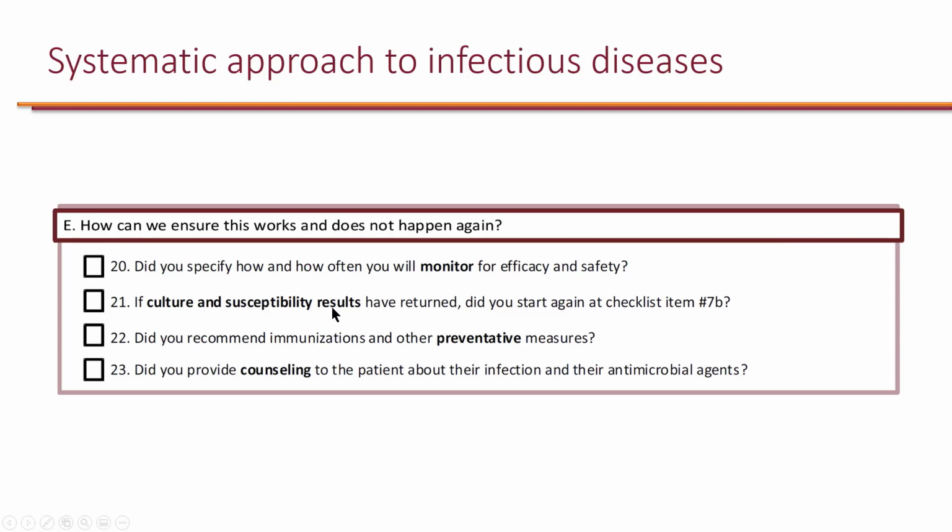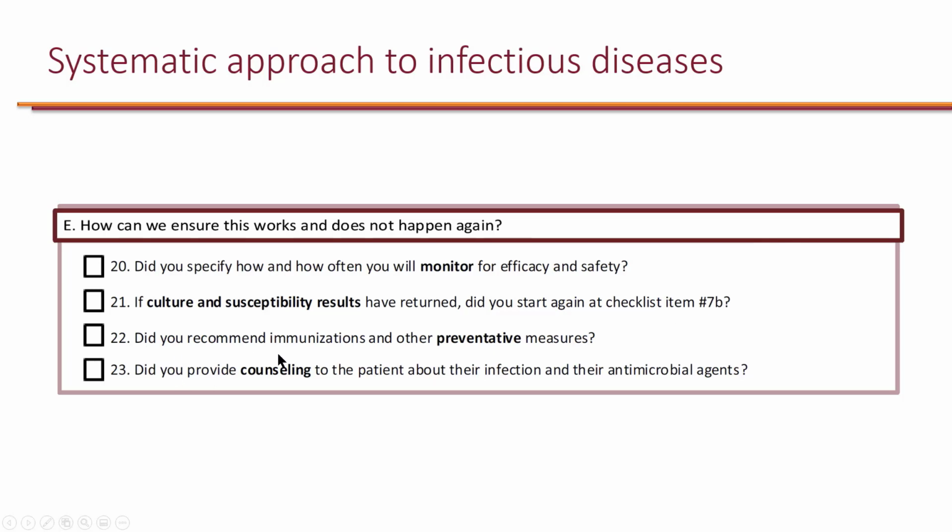And then if culture and susceptibility results have returned, did we start again at checklist item 7B? That's where you can change to a more appropriate antibiotic. The reason this is down at number 21 is because it takes some time for these results to come back. So in the meantime, we did all the items on this checklist, and then when the results come back, we go back and start again at number 7B and go down.